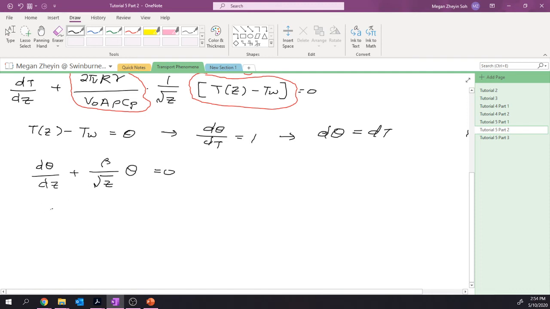So this gives us d theta over dz equals negative beta over square root of z times theta.